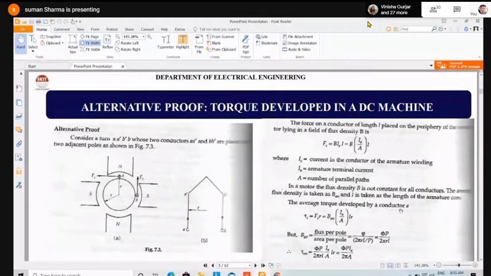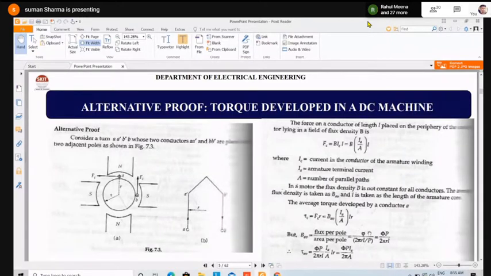So the average torque developed by the conductor is given by the product of this Lorentz force and the distance R, F into R. So we get B average IA by A, L into R. Now what is the flux density? Average flux density is defined as flux per pole divided by area per pole. What is flux per pole? It is phi. And what is area per pole?